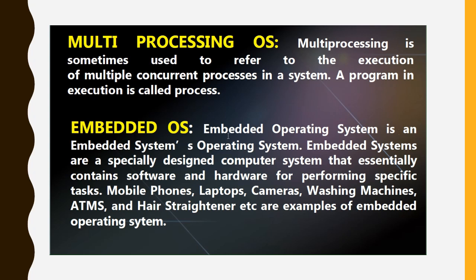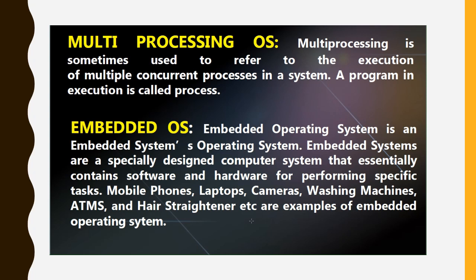Okay. Embedded operating system. Embedded operating system is an embedded system's operating system. Embedded systems are specially designed computer systems that contain software and hardware for performing specific tasks. Mobile phones, laptops, cameras, washing machines, ATMs, and hair straighteners, etc., are examples of embedded operating systems. Embedding means getting information from others, or connecting information to others.